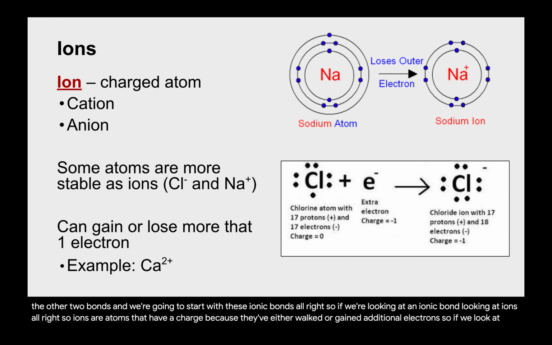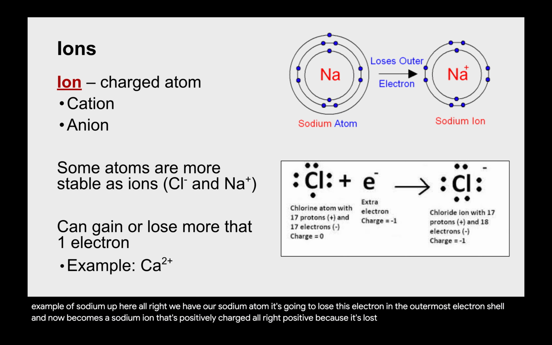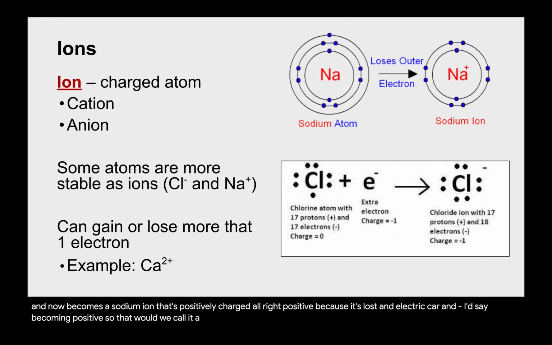In this example, our sodium atom is going to lose the electron in its outermost electron shell and become a positively charged sodium ion, positive because it's lost a negatively charged electron. We would call it a cation because it's a positively charged ion.